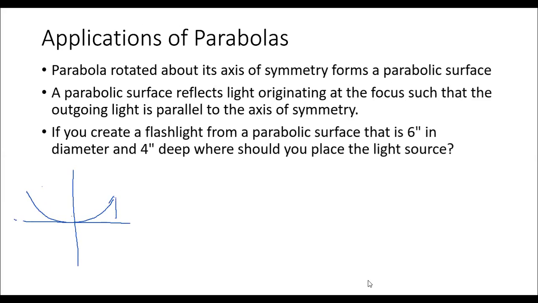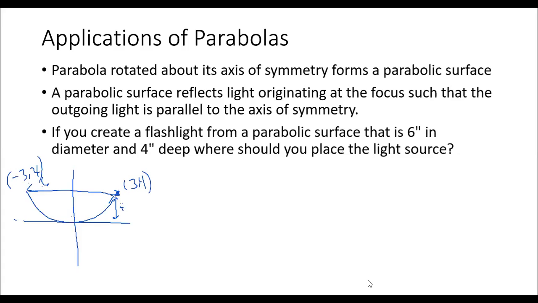It's 4 inches deep, and it's 6 inches across. This is 6. So we can know this point. This point here is half of 6. It's going to be 3, 4. And this point over here is going to be negative 3, 4.